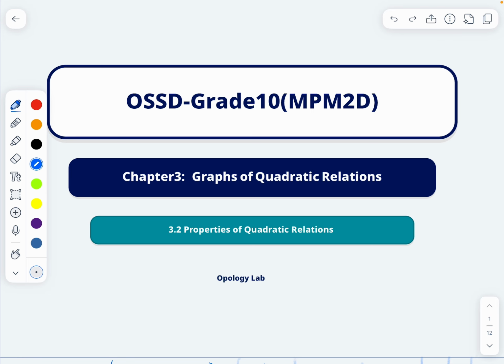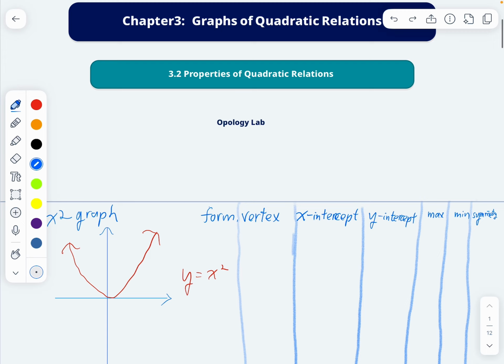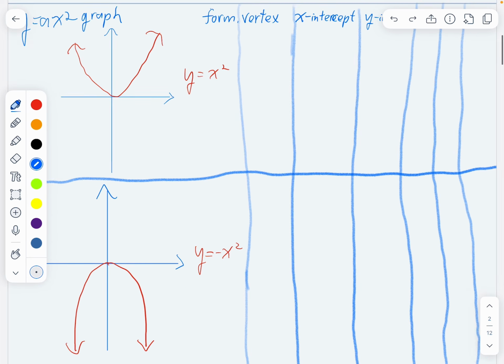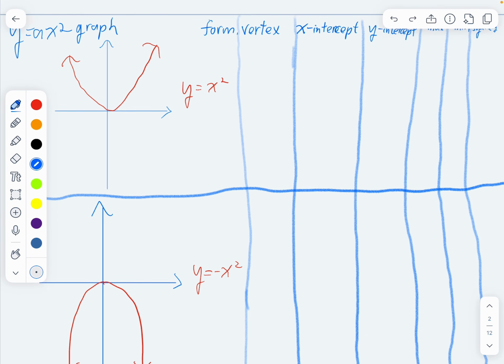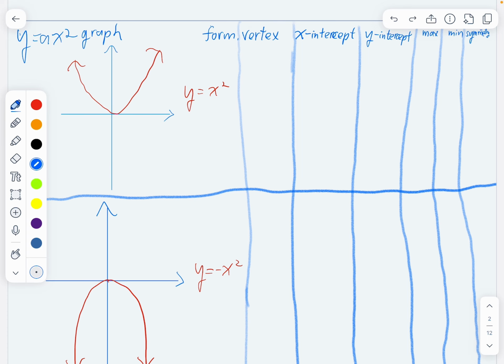In this section, we're going to introduce some properties of quadratic relations. Let's see the type 1 form, which is only for y = ax².